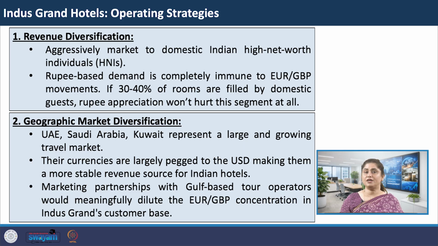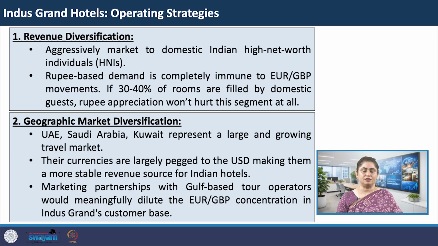First, revenue diversification. The hotel currently depends heavily on European and British tourists. A strategic shift to domestic Indian high net worth travelers who pay in rupees would immediately reduce the dependency on euro and British pound revenue, and hence reduce the euro and British pound exposure.